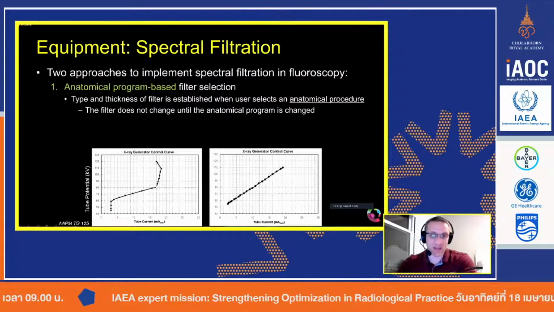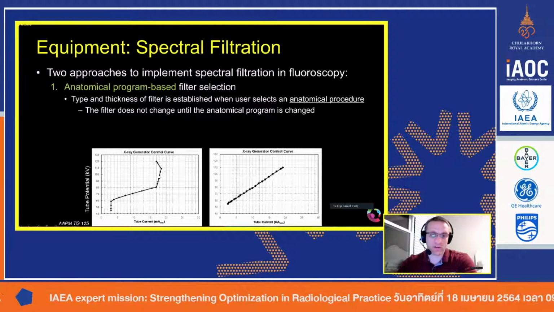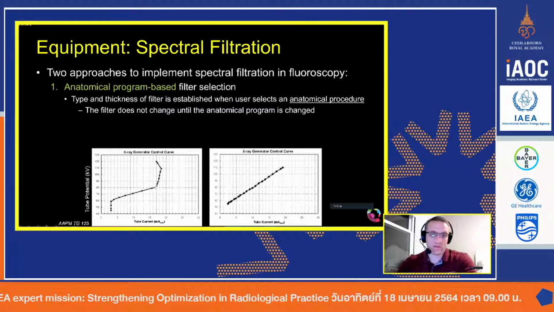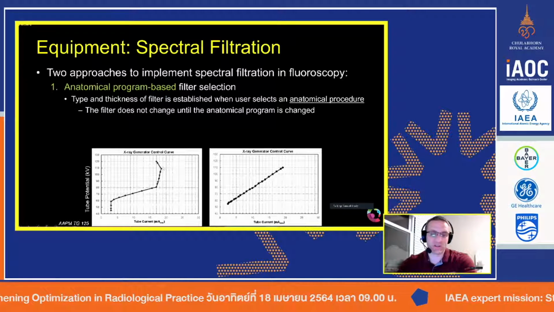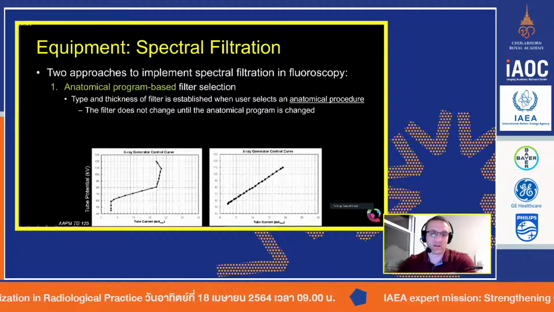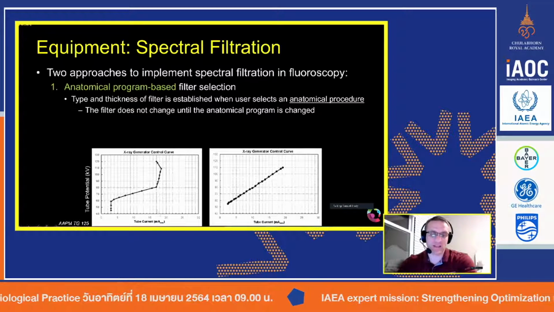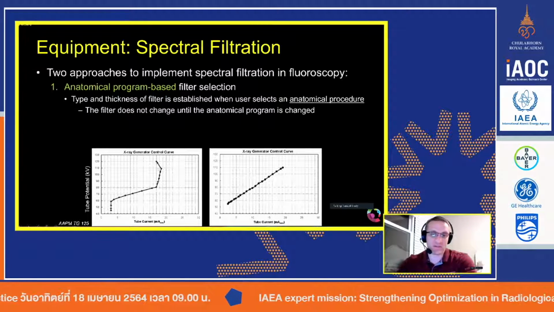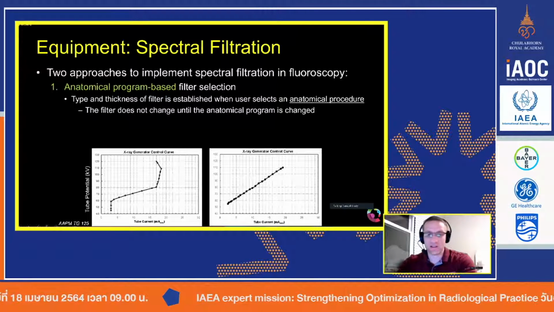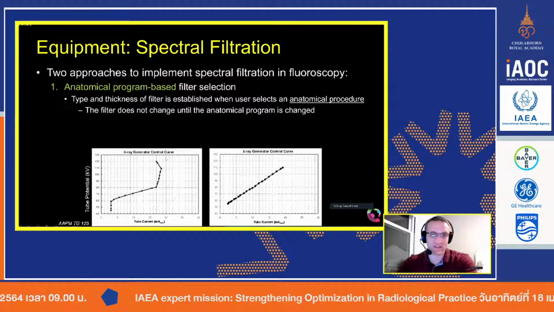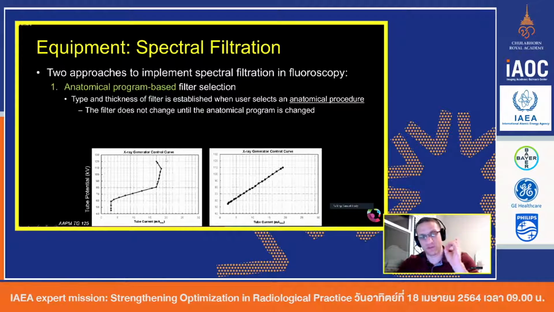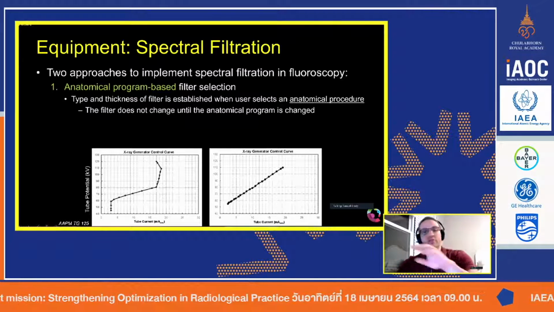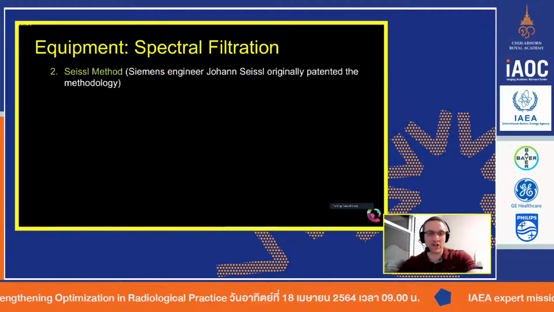And in this case, the kV will change very aggressively. mA will hardly change at all. And there will come a point where you just max out the mA. So the mA has to reduce as you increase your kV even higher. So there's always some way these systems approach it. But for the anatomical program-based filter selection, it's the same filter through the entire imaging chain.